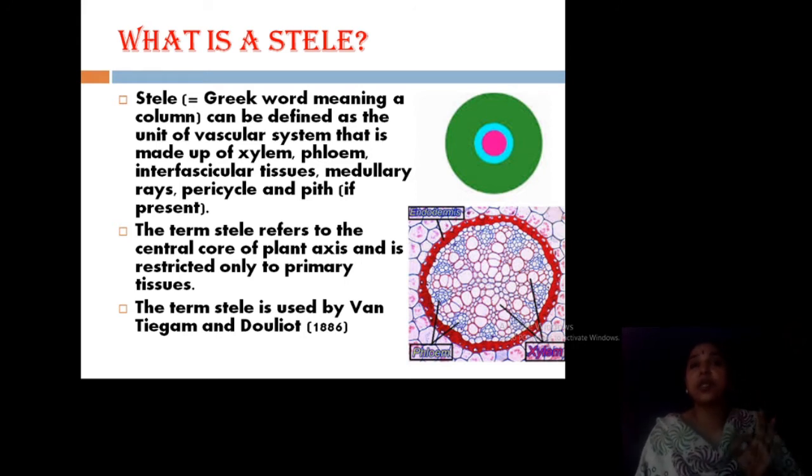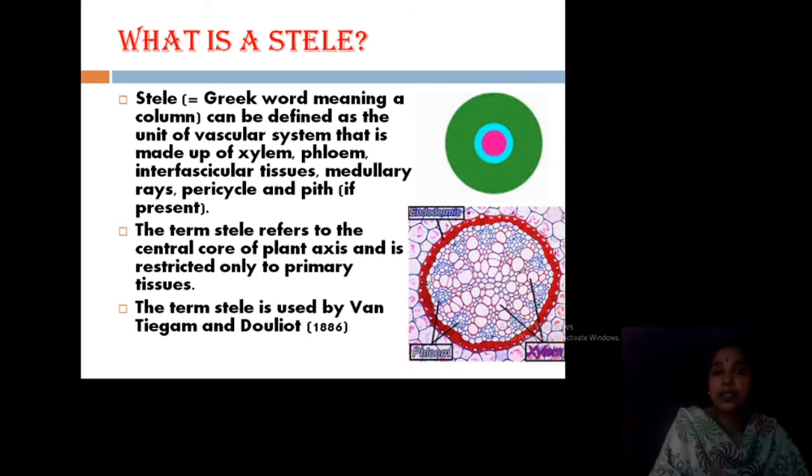The stellar system consists of xylem, phloem, intervascular tissues, especially the cambium, medullary rays, pericycle and pith. This may vary depending upon the organism, plants. Okay. So, the term stele refers to the central core of the plant axis and is restricted only to primary tissue.